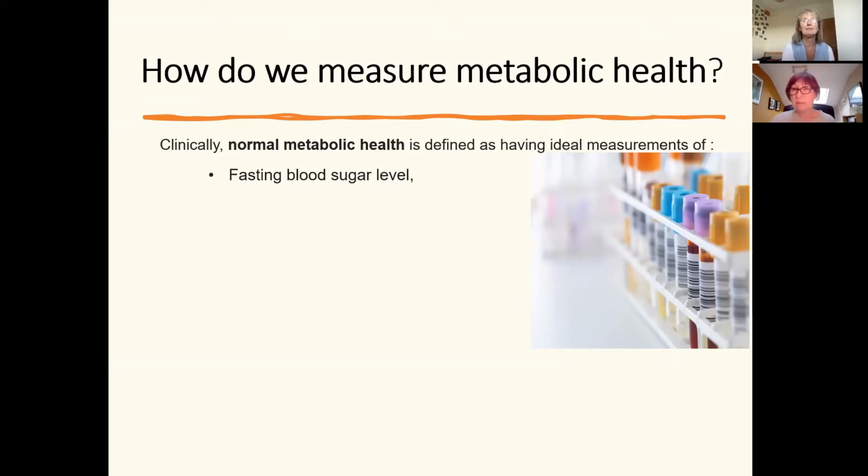So it needs to be a fasting blood sugar level, because you would expect after you'd fasted overnight that your blood sugar level will be at the lowest it's going to be. Okay, so if your blood sugar level when you're fasting is higher than is expected, then that's a problem, because that means you've not been able to drop your blood sugar levels low enough while you've been fasting. So that's why we do it fasting.